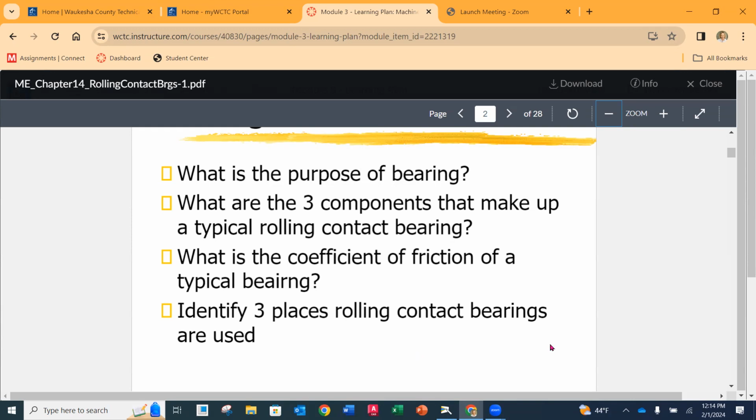How about our virtual people? Put it in the chat box, or you can say it audibly. We should be able to hear you. Where else do we see bearings? Drawer slides, absolutely. Motors. Different places, especially with those shafts, things that have to rotate. Exactly. Good. Any others that anybody wants to add?